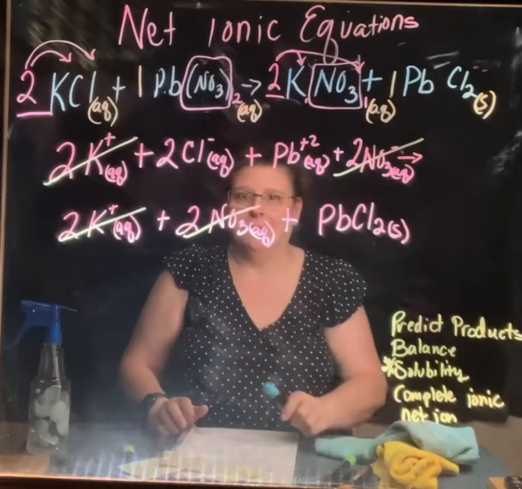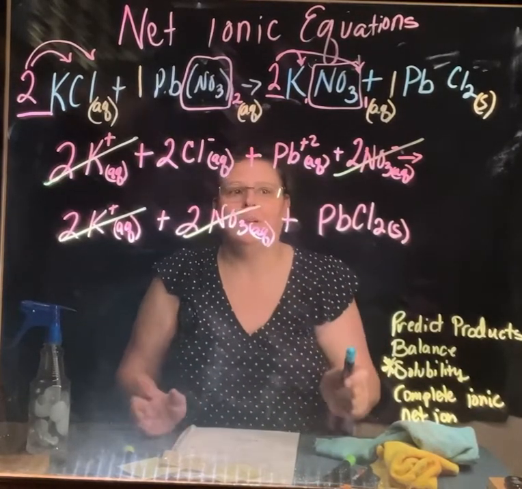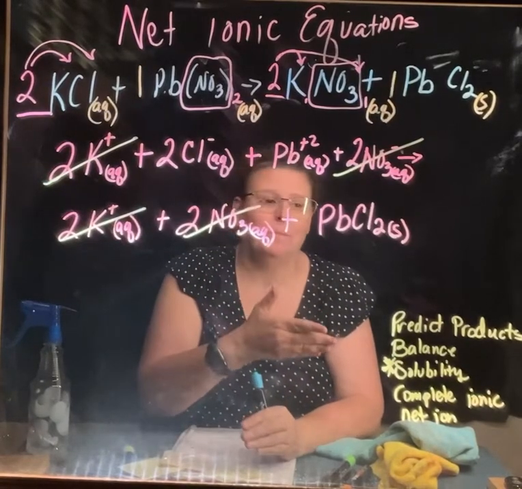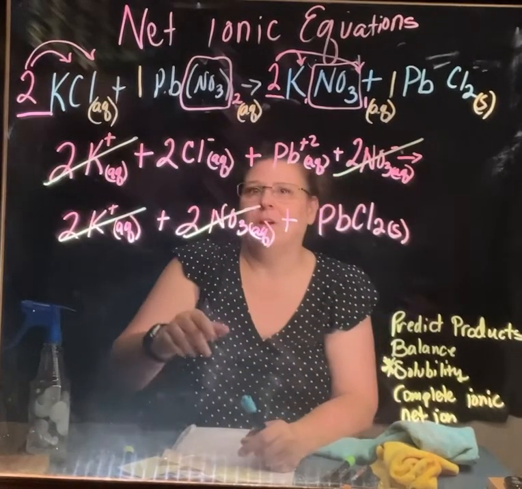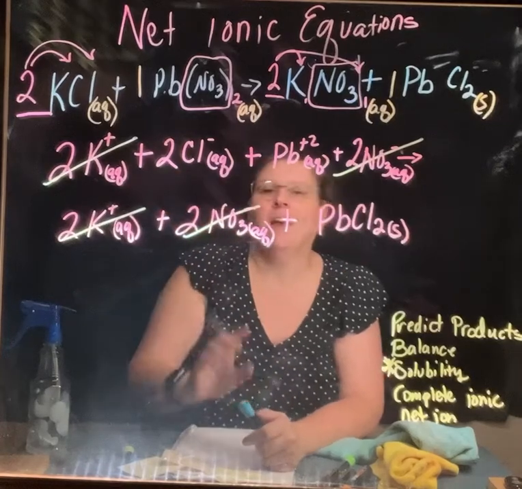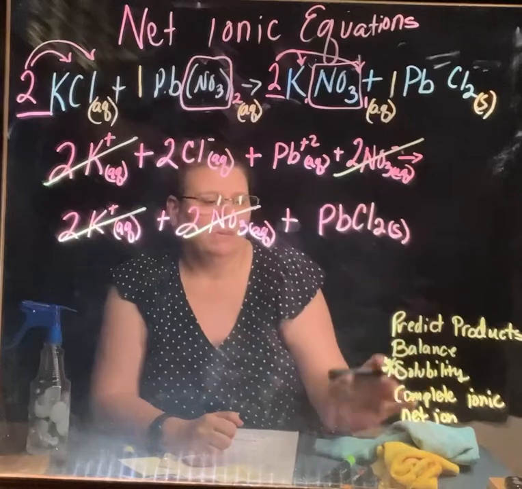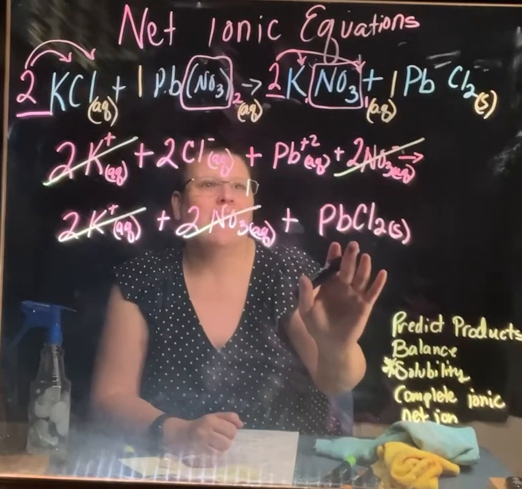So what do we do from there? Well, that's our complete ionic equation. Then we look for the spectator ions and we cancel those out to make a net ionic equation. Anything you crossed out, which is a spectator ion, you leave off. The net ionic equation is whatever is left.